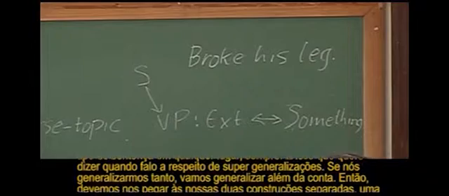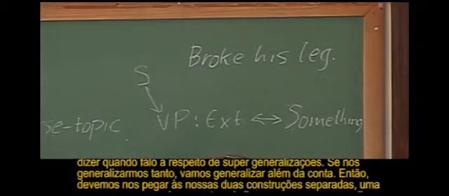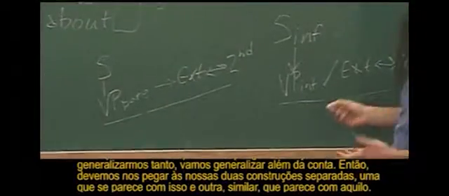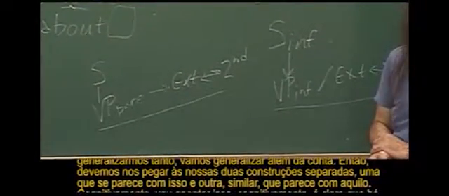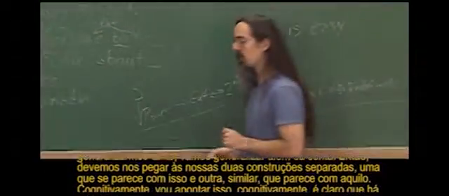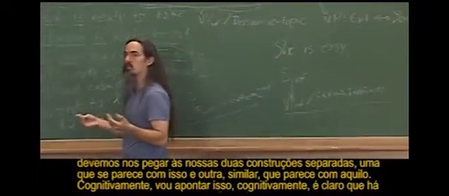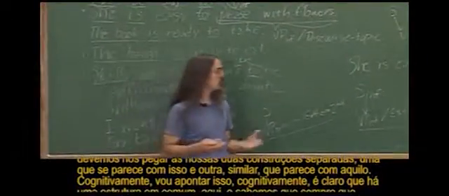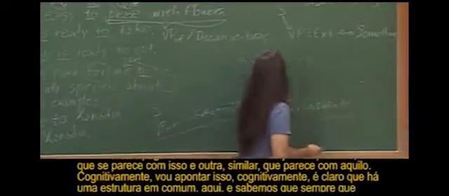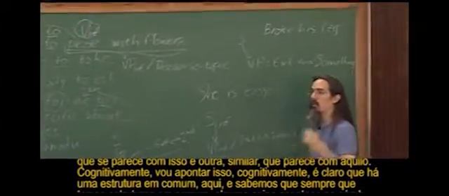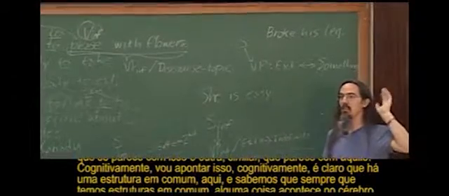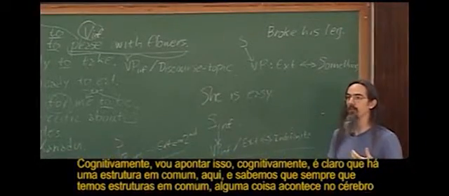So we should stick to our two separate constructions, one that looks like this, and another one similar, which looks like that. Now cognitively, I will point out that of course there is some structure in common here, and we know that whenever you have structure in common, something happens in the brain to connect those two things up.